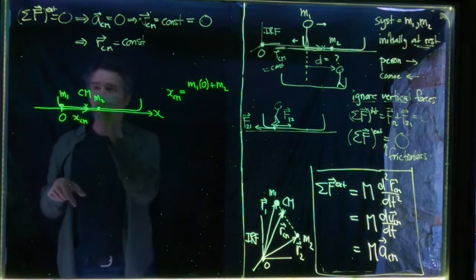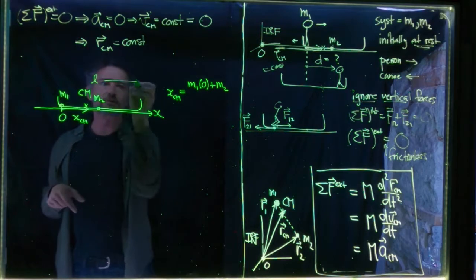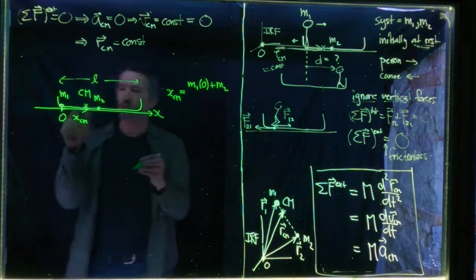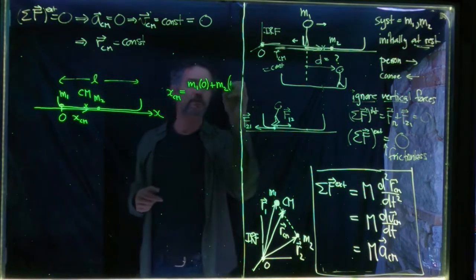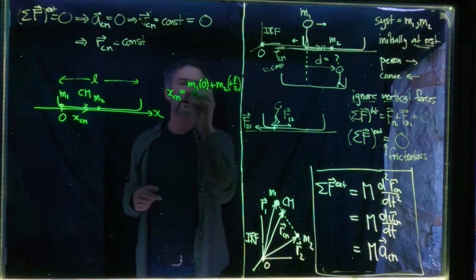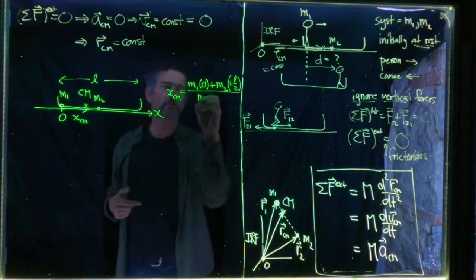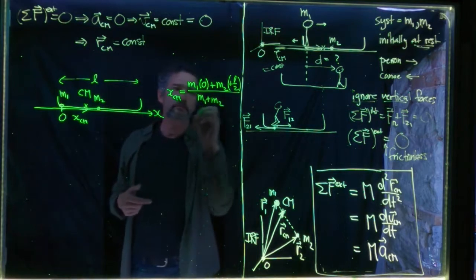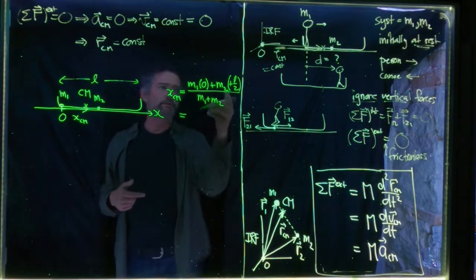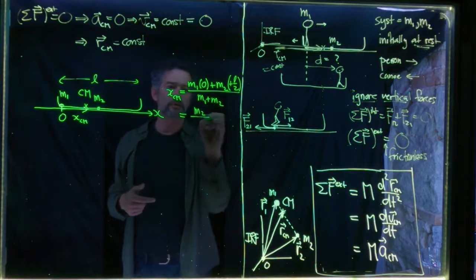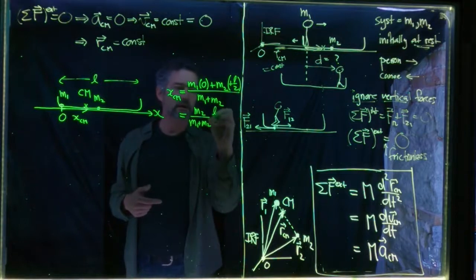So that's this vector. Let's suppose that the length of the canoe is L, and so this is positive L divided by 2, half the length of the canoe, divided by the total mass, which is m1 plus m2. Then this is just m2 divided by m1 plus m2 times L over 2.